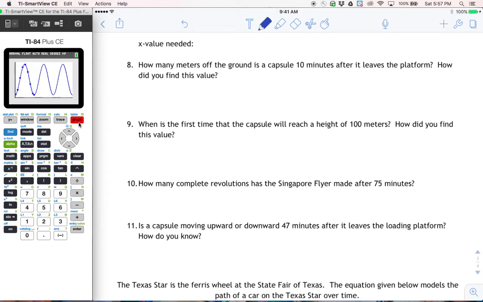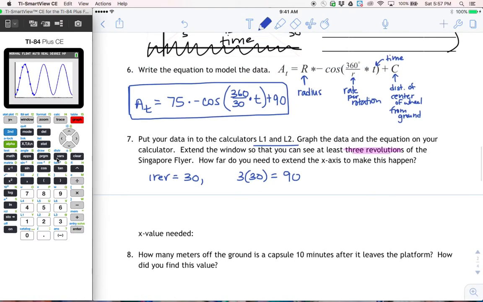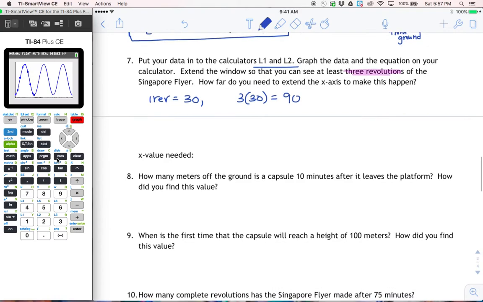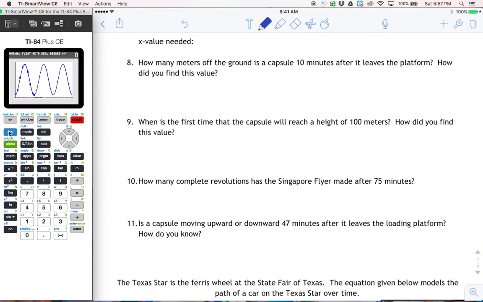Okay, well 10 minutes is kind of like your x value, right? That's your time. And so I can just find this in my calculator table. I mean, if you wanted to plug it in for t and do all of this in your calculator, you totally could. But I just put this in my table. So I'm going to look there. So second graph, and we want to look for 10, which I can see is all the way at the bottom.